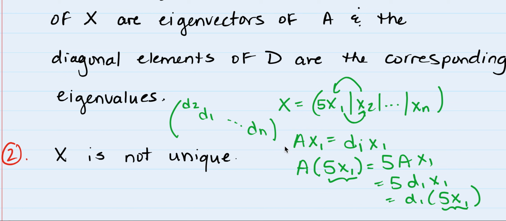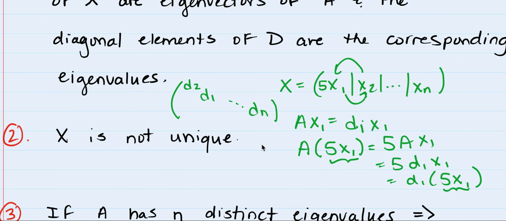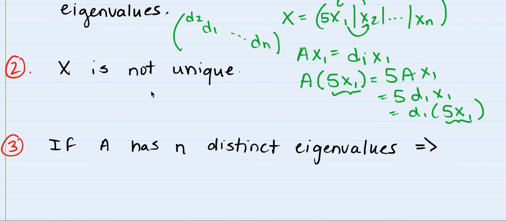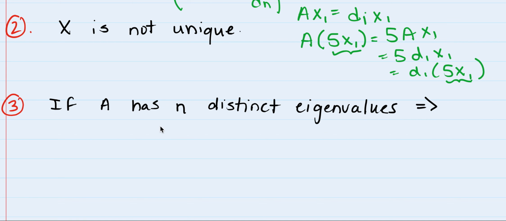So X is not unique, and D is not unique either. You can switch the eigenvalues. And if you just multiply by a scalar, then D stays the same. Now, if A has n distinct eigenvalues, then we get that A is diagonalizable.